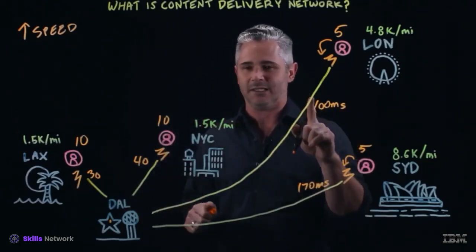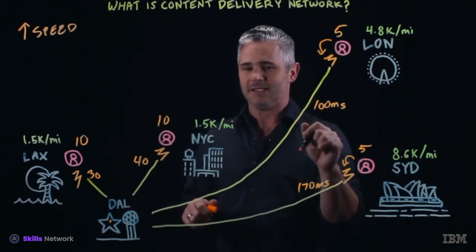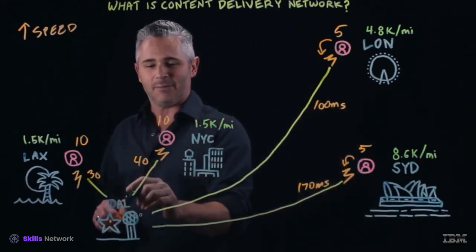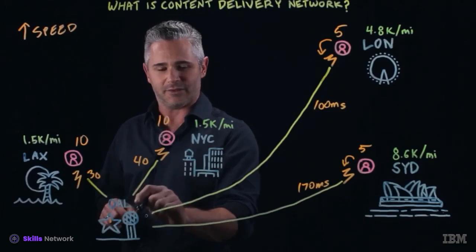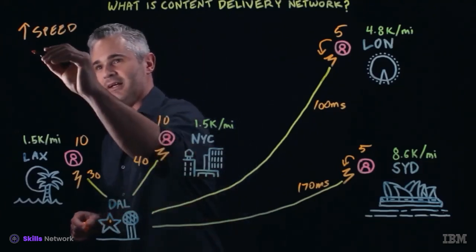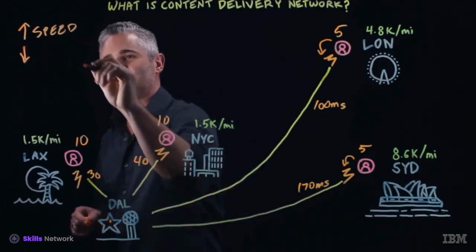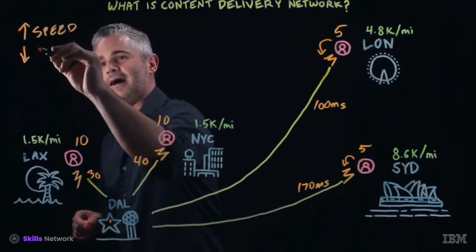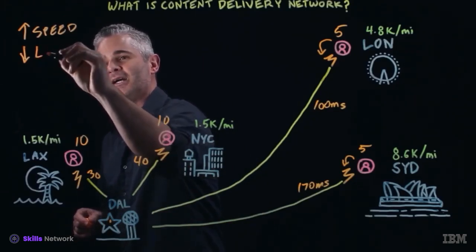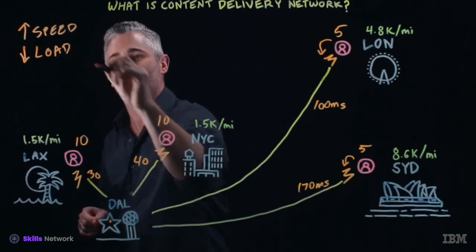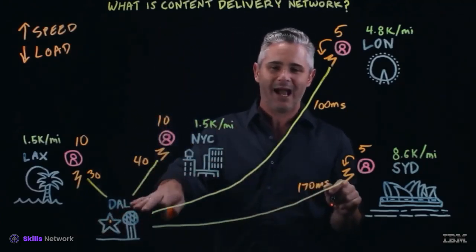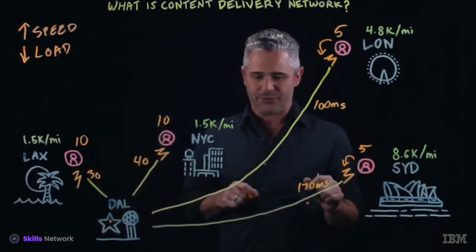But what you're not seeing here is an indirect benefit, which is the reduction in the amount of traffic that actually hits the Dallas server. So the indirect benefit is that you see a reduction in the load, or a reduction in the amount of capacity that you need in Dallas to serve all these users.